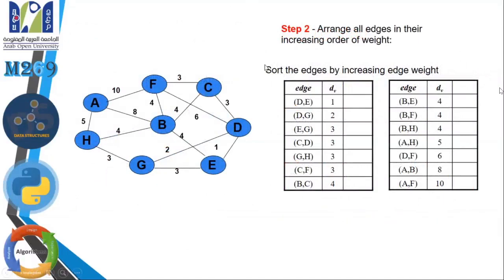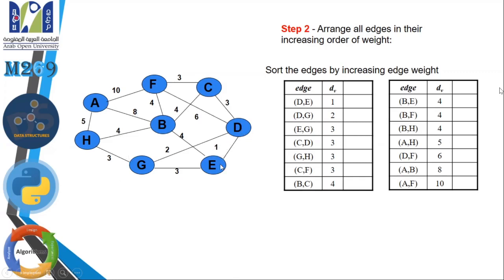Next, sort the edges by increasing edge weight. What is the smallest one? The smallest one is 1.